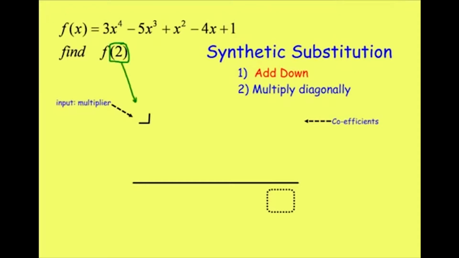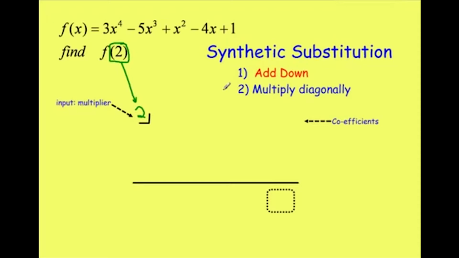I'm going to put it in the box in the upper left hand corner, and that number is going to be our multiplier every time. So not only is it the input, but it's also the multiplier. When we talk about multiplying something, we're going to be multiplying by 2 for this problem every single time.